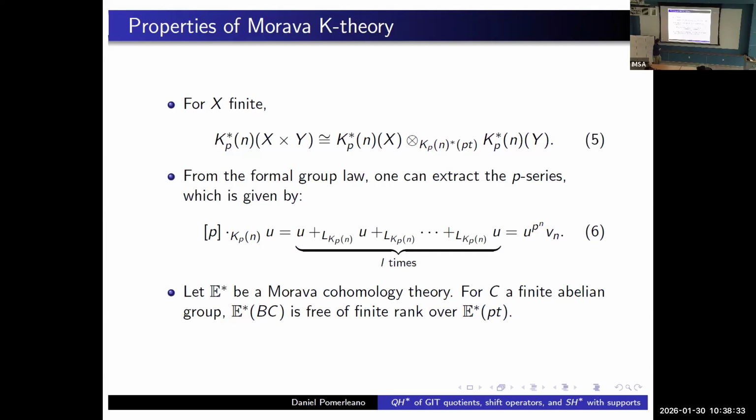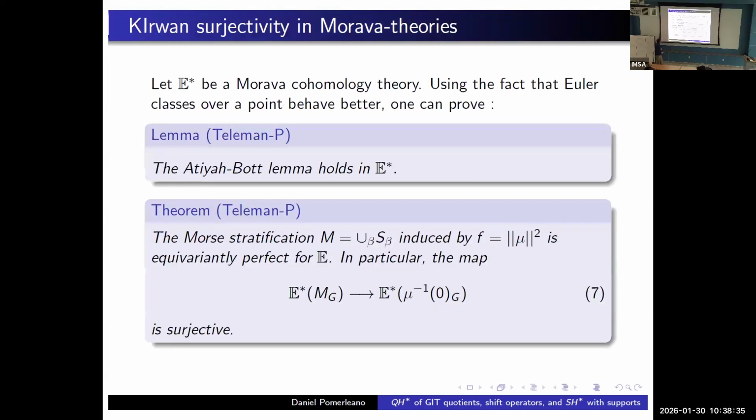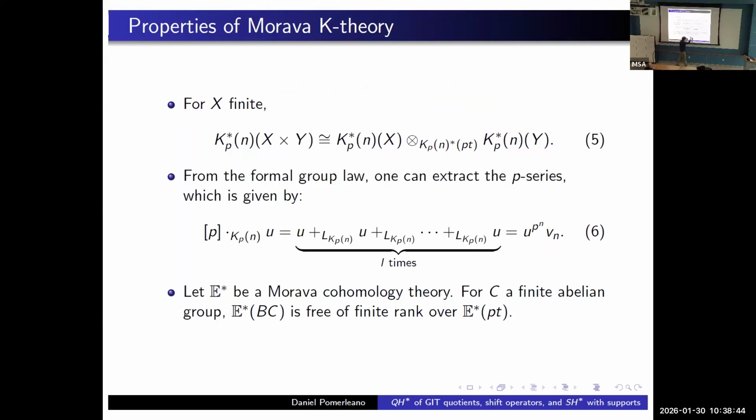But coming to the statement that I started out with at the beginning, the point is that this P series is telling me the leading order term that one gets when one does this Atiyah-Bott argument. Before, if I were doing cohomology with FP coefficients, it could be 0, and then my argument was sunk.